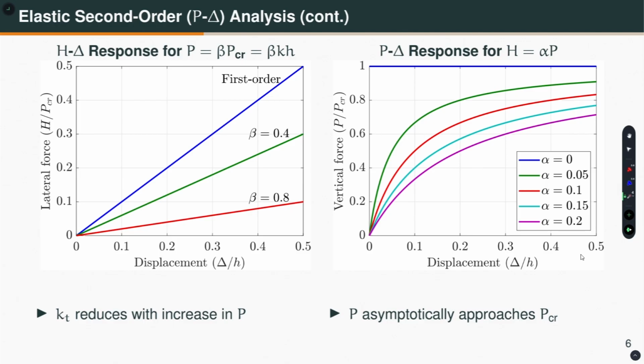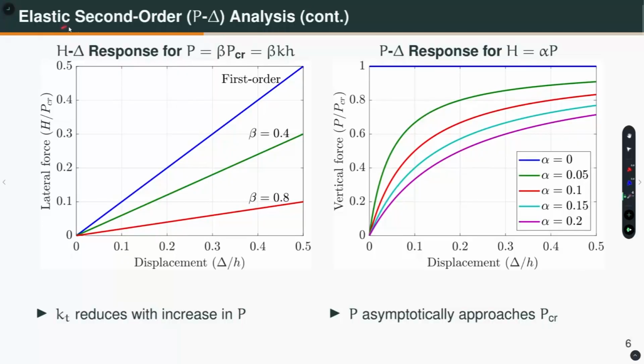If the displacement is large, we have to consider the nonlinear compatibility, which I have not considered in this, because we are doing elastic second order simplified P delta analysis. Therefore, this portion is not valid. I will show when we go for large displacement analysis, how this changes.